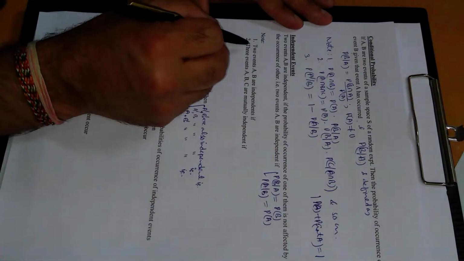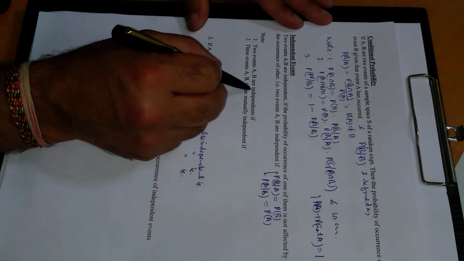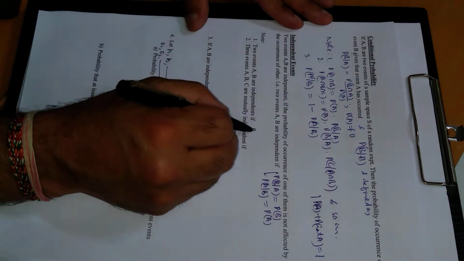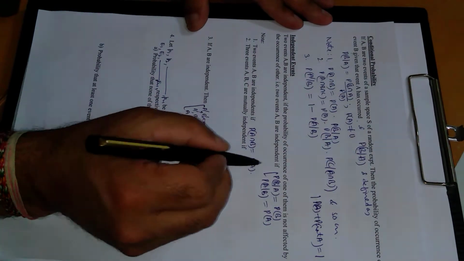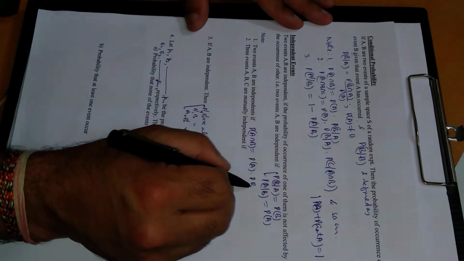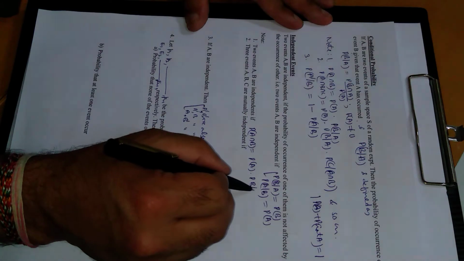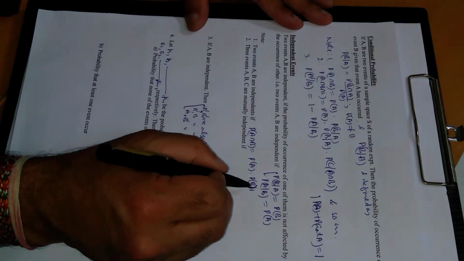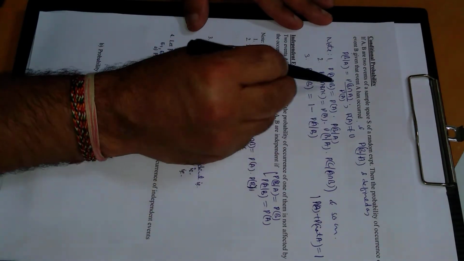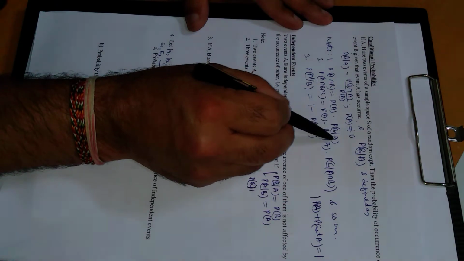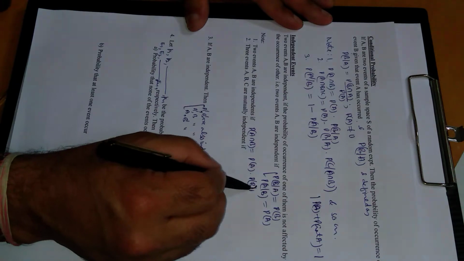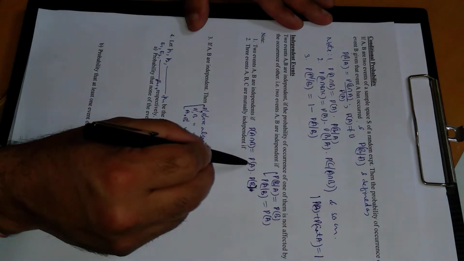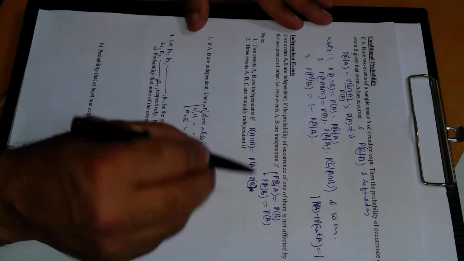Alright, so note number 1, two events A, B are independent if the probability of A intersection B is equal to the probability of A into the probability of B, because in this case the relation probability of B given A is simply P of B. So the probability of neither A nor B is affected by the other.